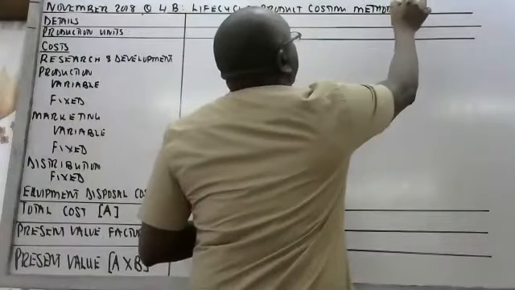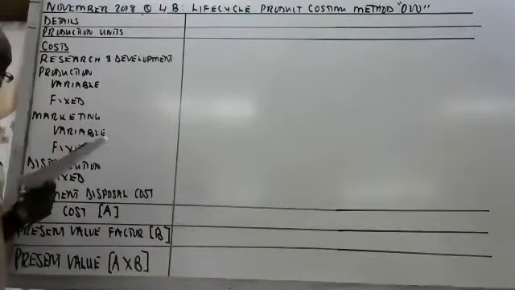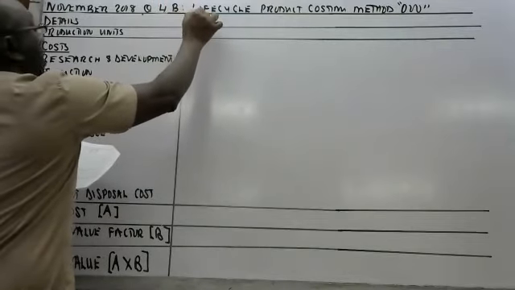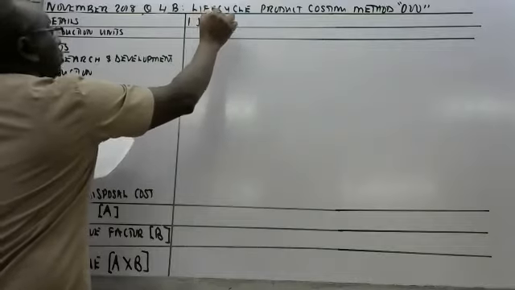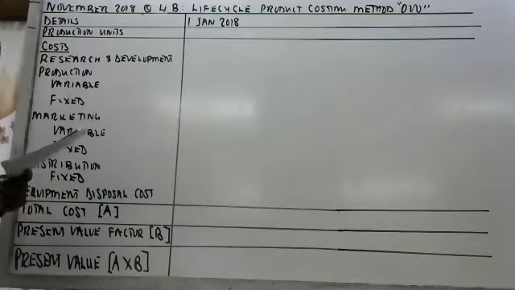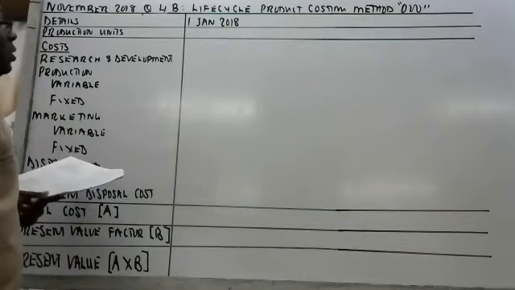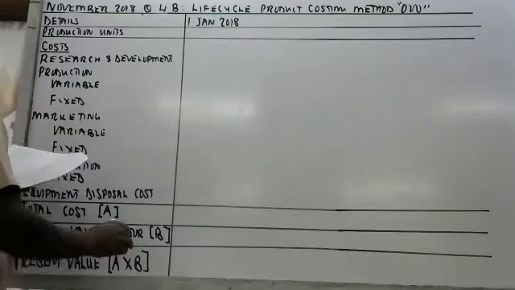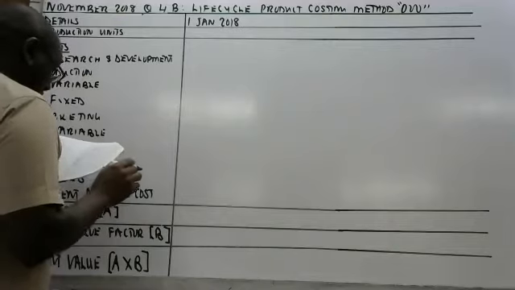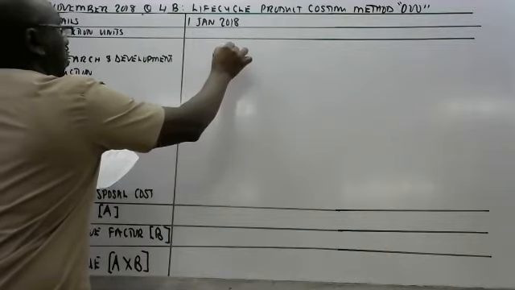So I can have my figures in thousands. On 1st January 2018, we don't have units, but the research cost is $850.4.